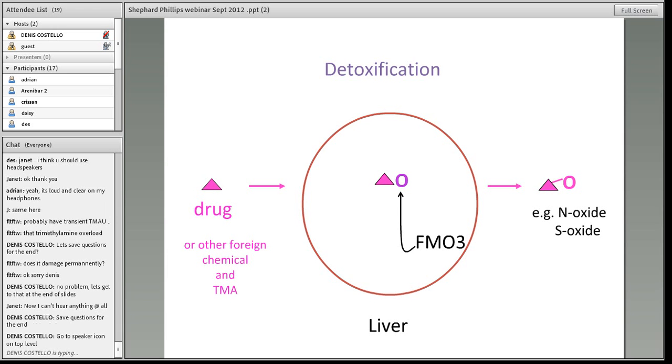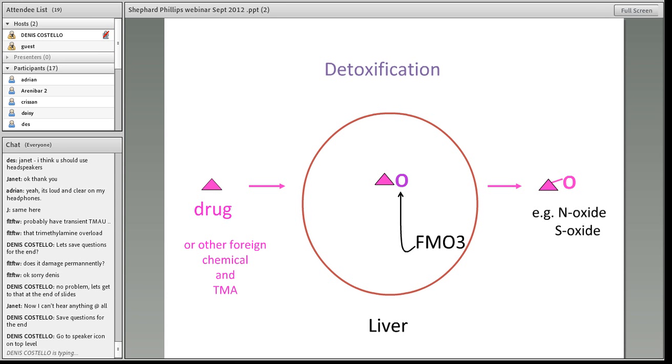Our cells are surrounded by a membrane that you can think of as an oil barrier. The drug can pass through this into our cells. And of course, if we didn't have anything in our cells to get rid of this excess chemical, then the cell would just curl up and die.